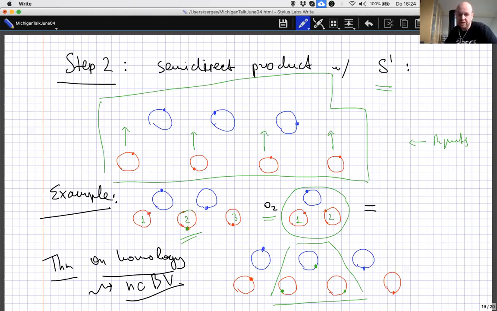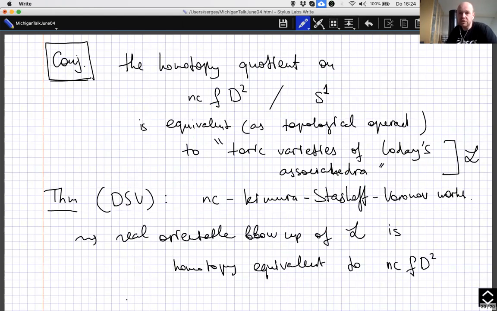For instance, I have S1 actions at the output when I rotate all the labels simultaneously, and I have S1 actions on each red circle at each input, right? So the conjecture is that if I would take this new operator and take a homotopy quotient by S1, as a topological operator, then what I would get is the toric varieties of Lie-Associahedra. So the guys that I started with in the beginning of this talk.